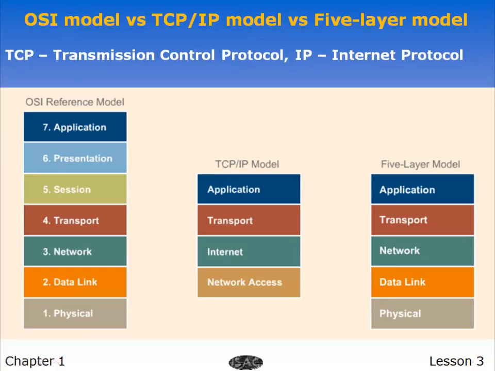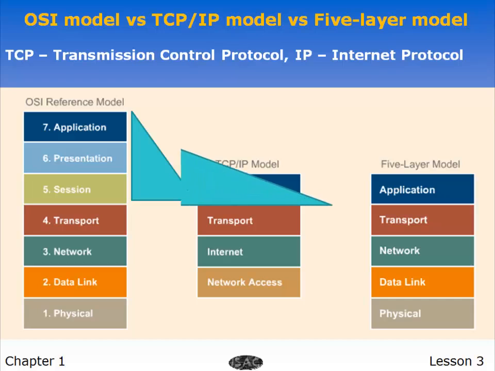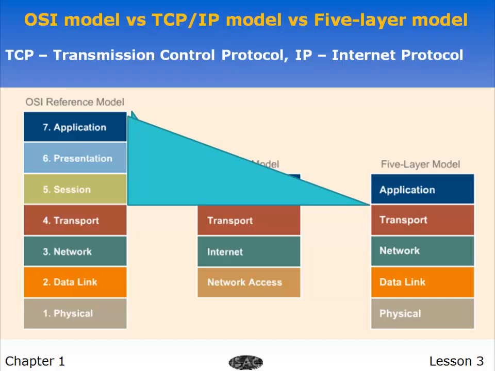In practice, however, most people describe the TCP/IP model using 5 layers. The upper 3 layers of the OSI reference model we combine into the same application layer.